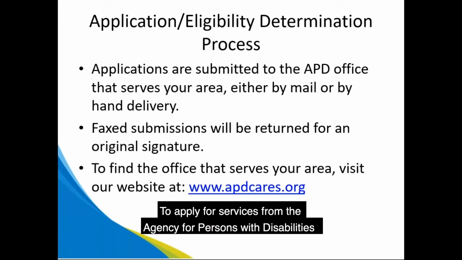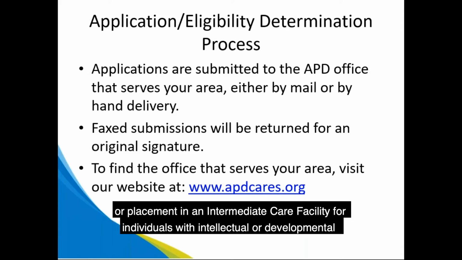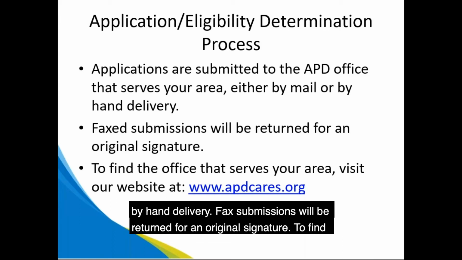To apply for services from the Agency for Persons with Disabilities, which includes participation in the iBudget Home and Community-Based Services Waiver, or placement in an intermediate care facility for individuals with intellectual or developmental disabilities, submit an application to the APD office that serves your area, either by mail or by hand delivery.